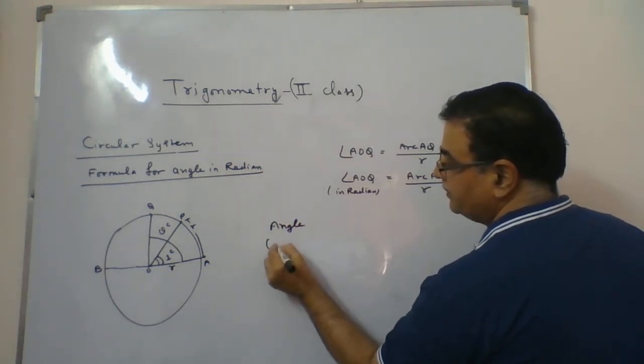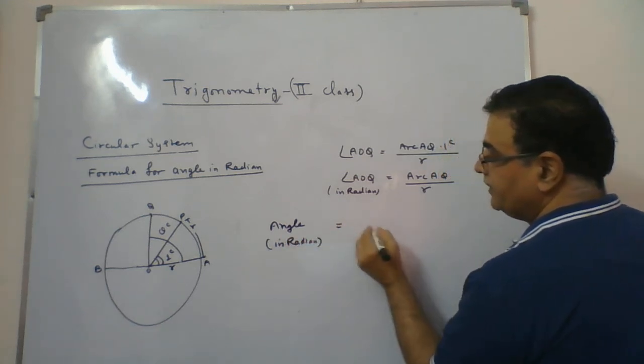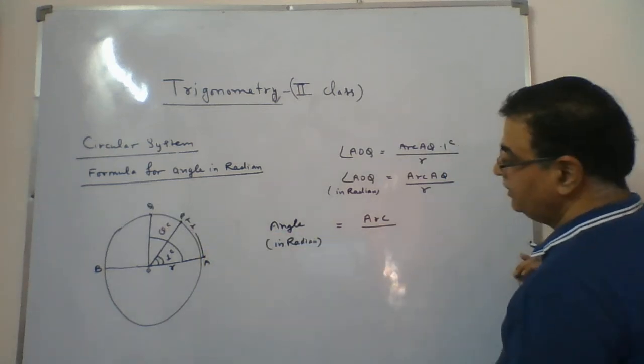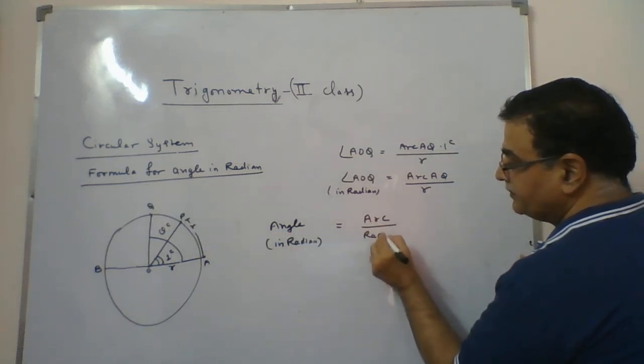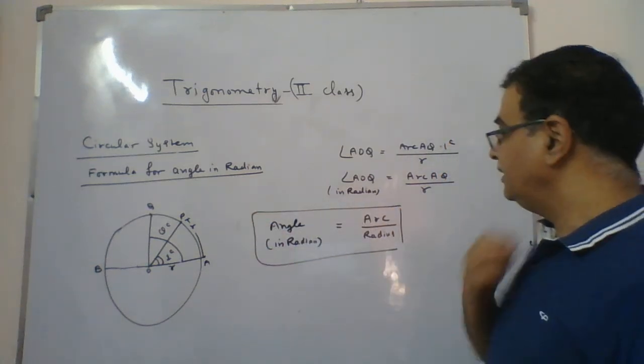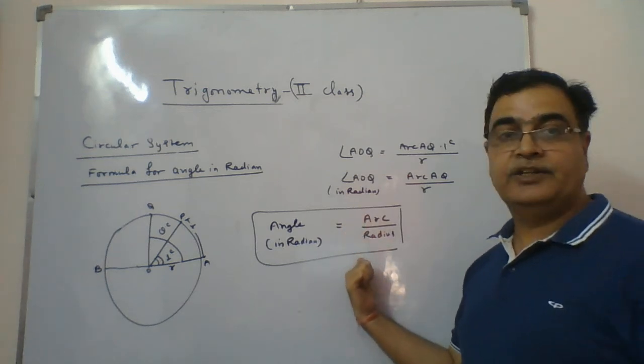Angle in radian is equal to arc, that is arc of this angle, divided by the radius. So whenever you want to calculate angle in terms of radian, we have the formula arc by the radius.